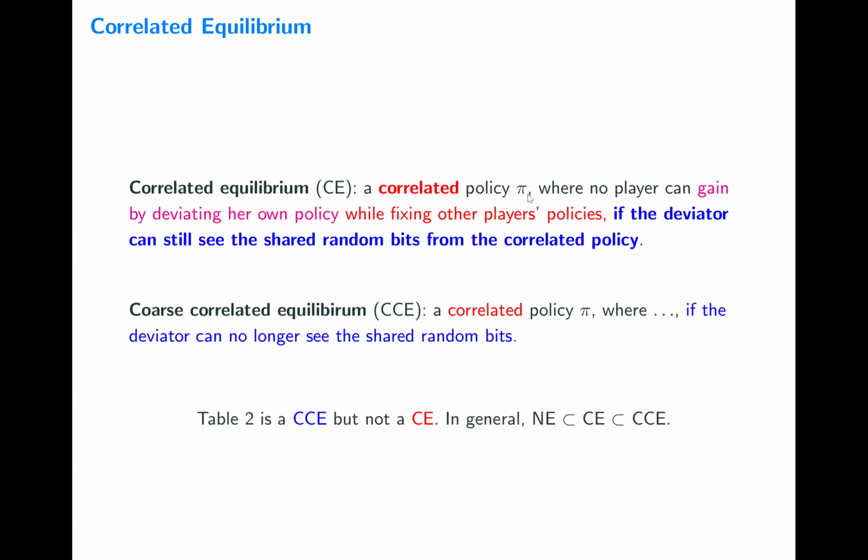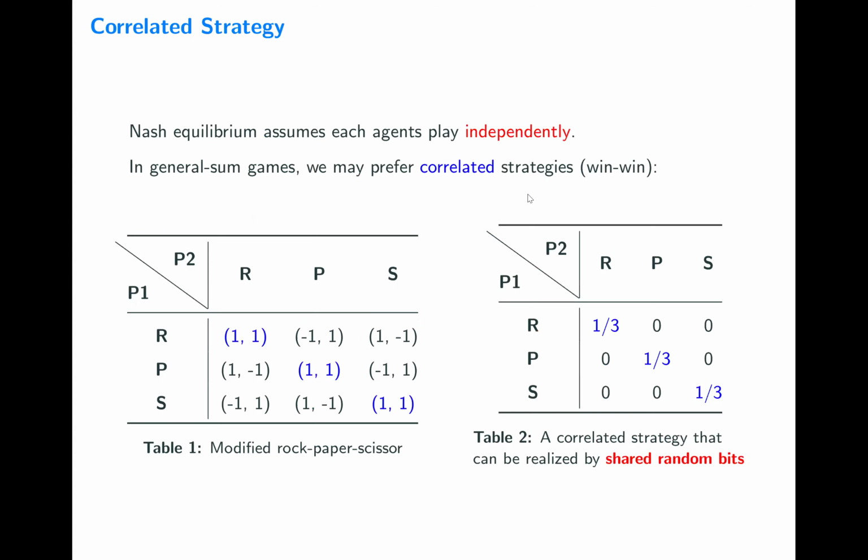I won't verify it here, but basically we can see this policy is actually a coarse correlated equilibrium. For example, if you betray and you can no longer see the shared random bits, then what you can see is your opponent is actually playing a uniform action.